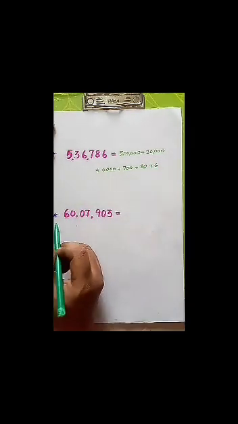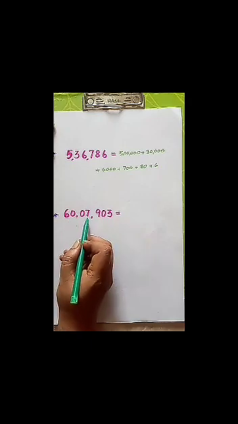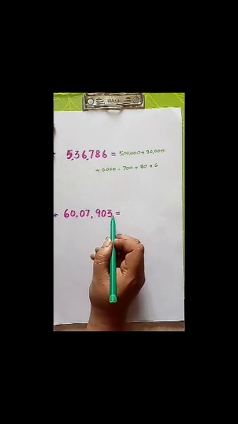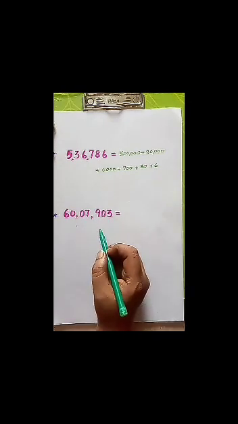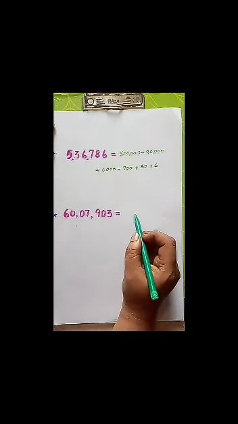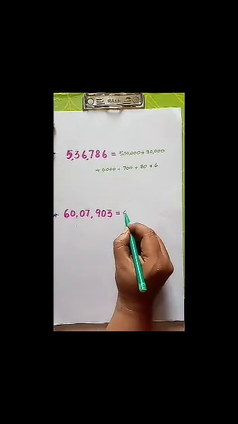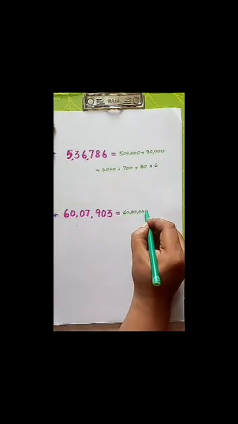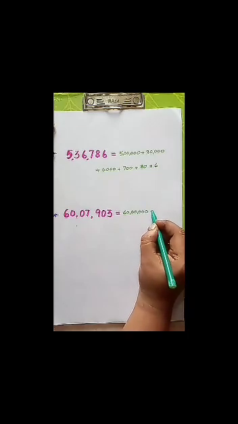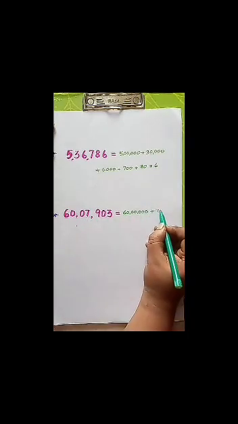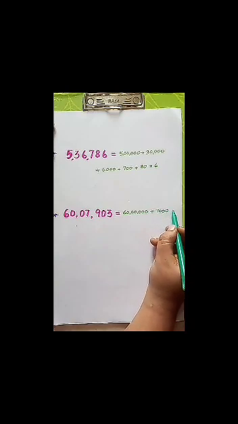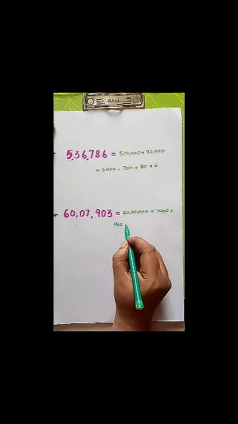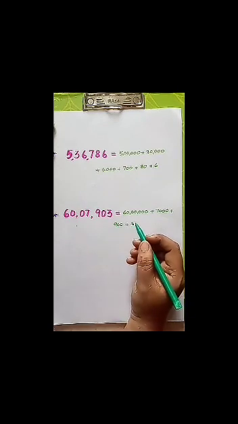Next, 60,07,903. It is a tricky one. We write it in expanded form as 60 lakh plus 7,000 plus 900 plus 3.